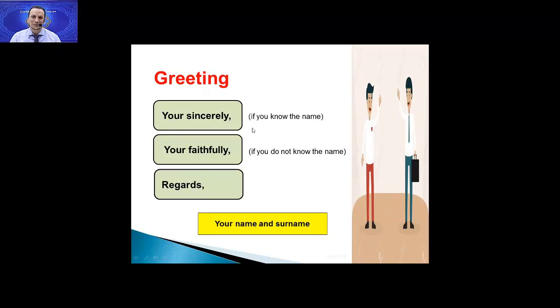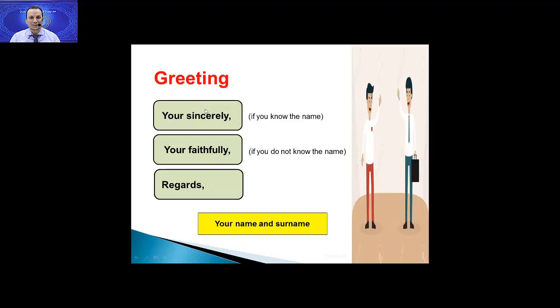Move to the next line and write your name and surname, meaning your name and family name, your full name, at the end. Like Ahmed Ali Al-Busaidi or Aisha Al-Kalbani. So these are some examples of the greeting that you write at the end of your email or letter.